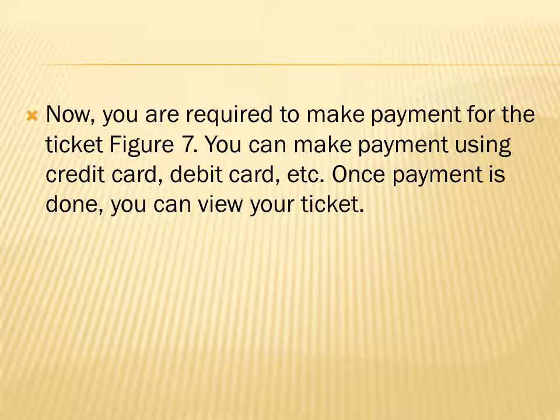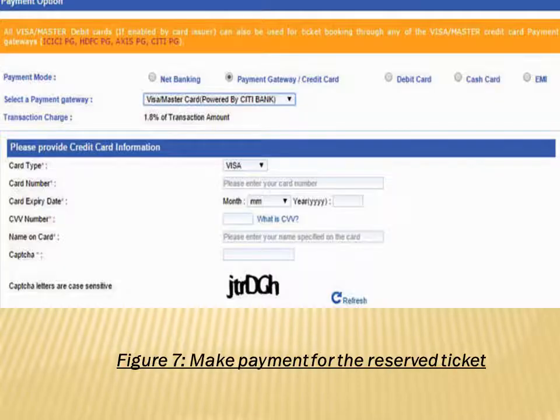online in IRCTC. So this is the payment gateway where you can see how to do the payment, using a credit card. I'm booking the ticket, so you have to put in your card number and all the details, and you make the payment for that ticket.